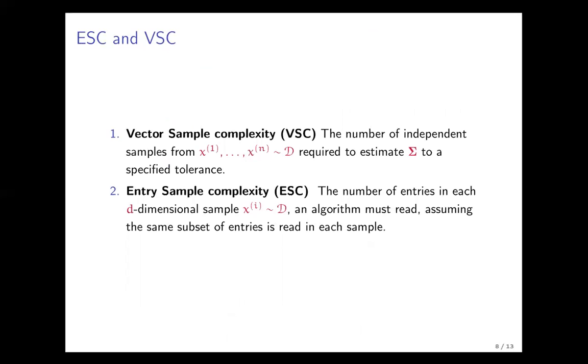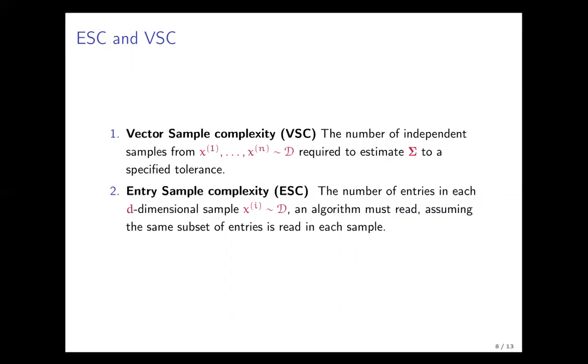Now, by this idea, two different metrics of sample complexity come up. One is vector sample complexity, used in the classical sense, which is the number of independent samples you require to estimate the covariance matrix. The second is entry sample complexity, the number of entries in each sample that the algorithm must read to estimate the covariance matrix.